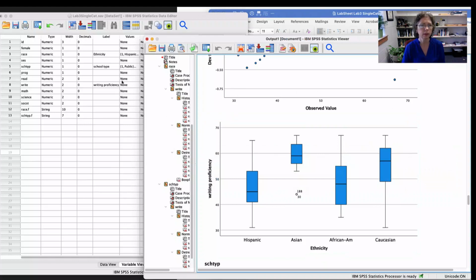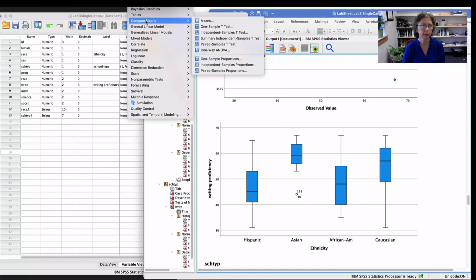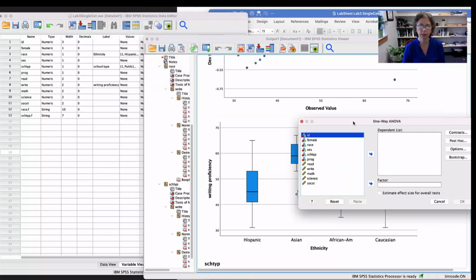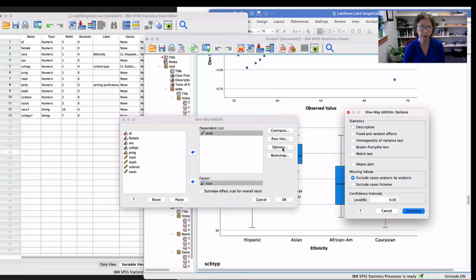So in SPSS, I'm going to Analyze and then Compare Means and One-Way ANOVA. At this point, we're going to put write in the dependent list, and then the factor is going to be race. We're going to go into Options and make sure we are asking for the homogeneity of variance test.